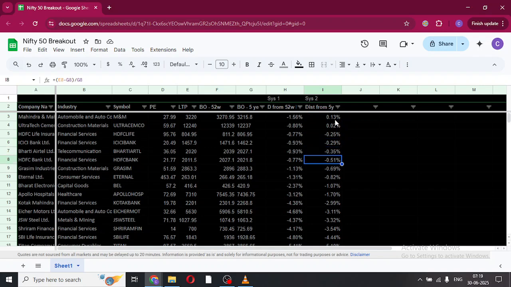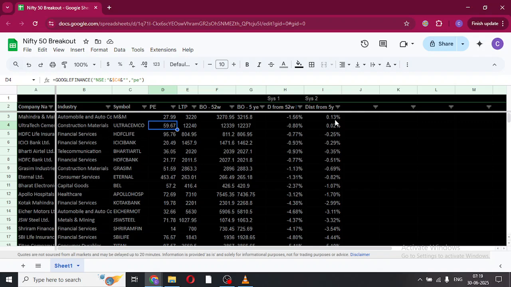And now let's say you're adding a filter, a filtering criteria. You have to buy a stock which is at a 5 year high and which is relatively cheaper, and you have to define the relatively cheaper metric.